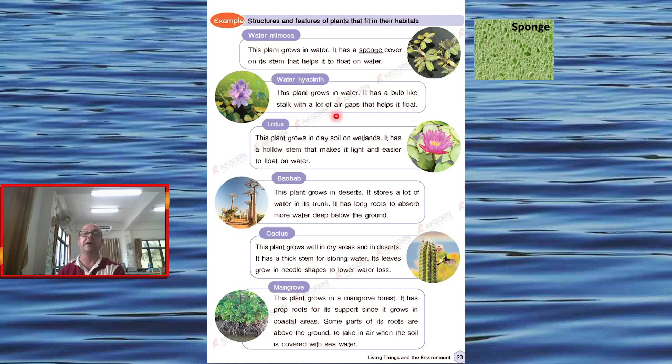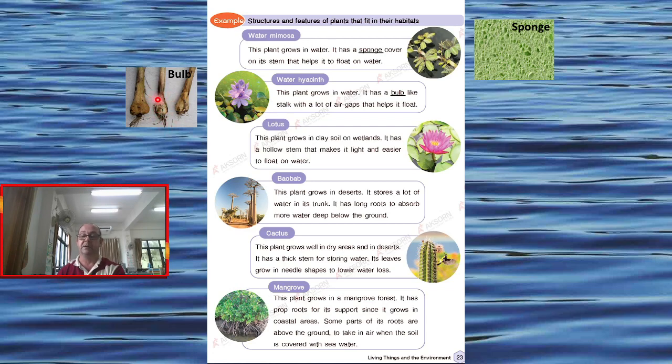So again, this has lots of gaps in the stalk to help it float. But what is the bulb? The bulb, this word here. Well, this is a bulb, this shape. These shapes here. It's a little bit like a light bulb.